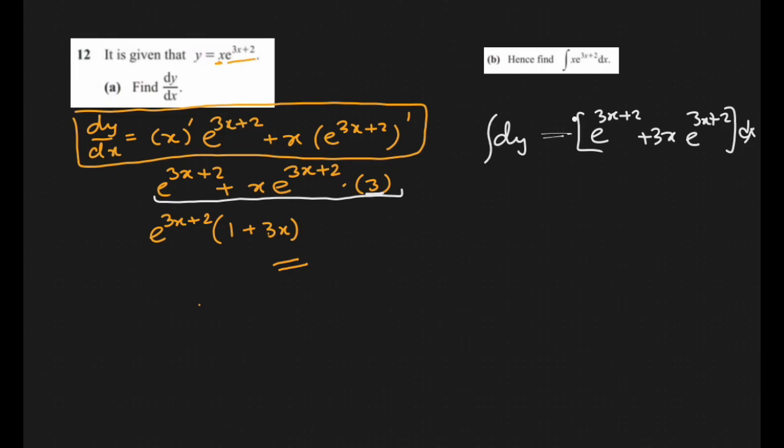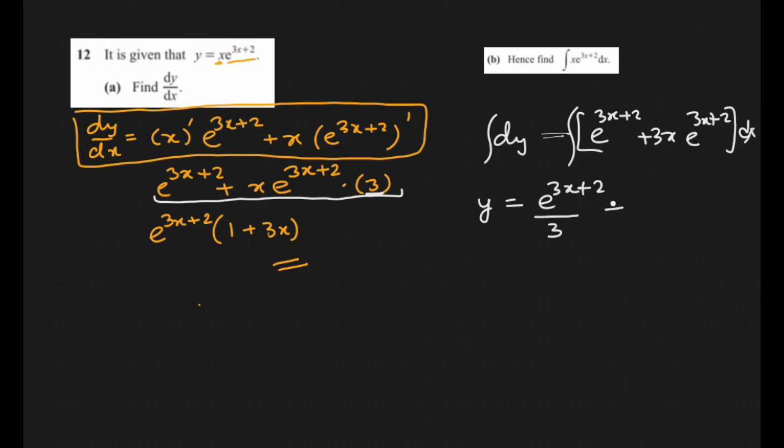And now I will integrate them. So the integration of dy is y. Integration of e to the power 3x plus 2 is, we again copy because it's a linear exponent, we just copy it. In place of multiplying, we divide in integration.